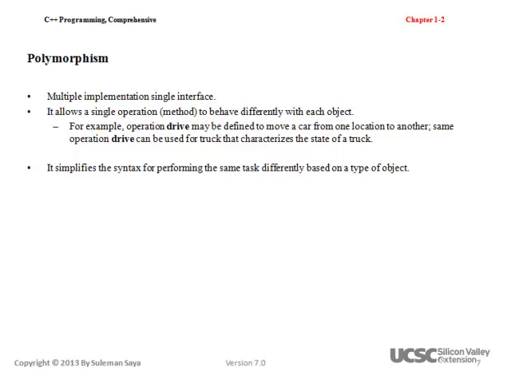That's one thing about polymorphism. It allows a single operation, which is a method or a function, to behave differently with each object. How does it do that? Taking the example of drive, the operation drive may be defined to move a car from one location to another. The same operation drive can be used to move the truck from one location to another.